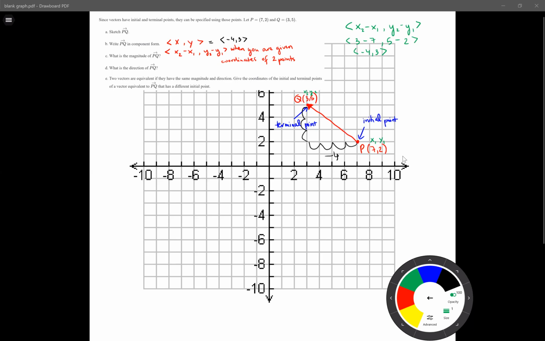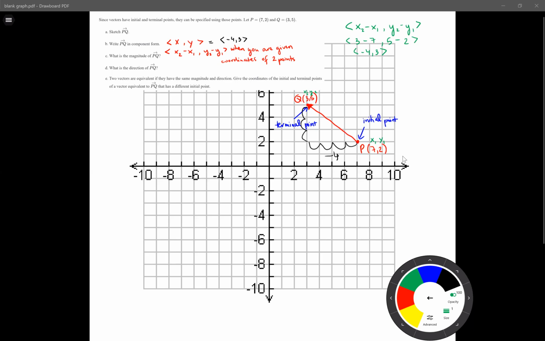So now we move on to the next part, part C. What is the magnitude of PQ? Let's not talk about magnitude of PQ yet, but think about what we already know and focus on my question right now.